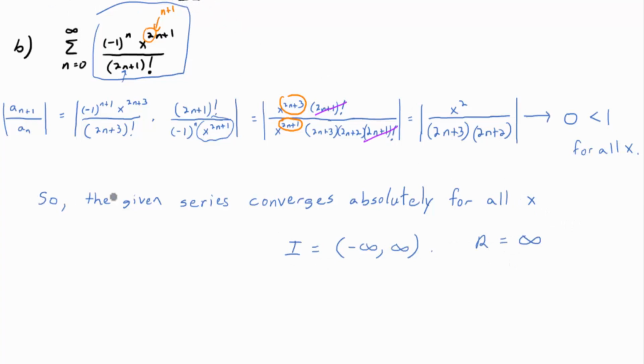So it'll read, the given series converges absolutely for all x by ratio test. Or by the ratio test, but I don't care if you include the article, the. Whoops, started spelling article, because I was thinking of the as the definite article. The ratio test. Proofread it. So the given series converges absolutely for all x by the ratio test. That works. And then I listed I and R, and I think that's all we were asked to do.